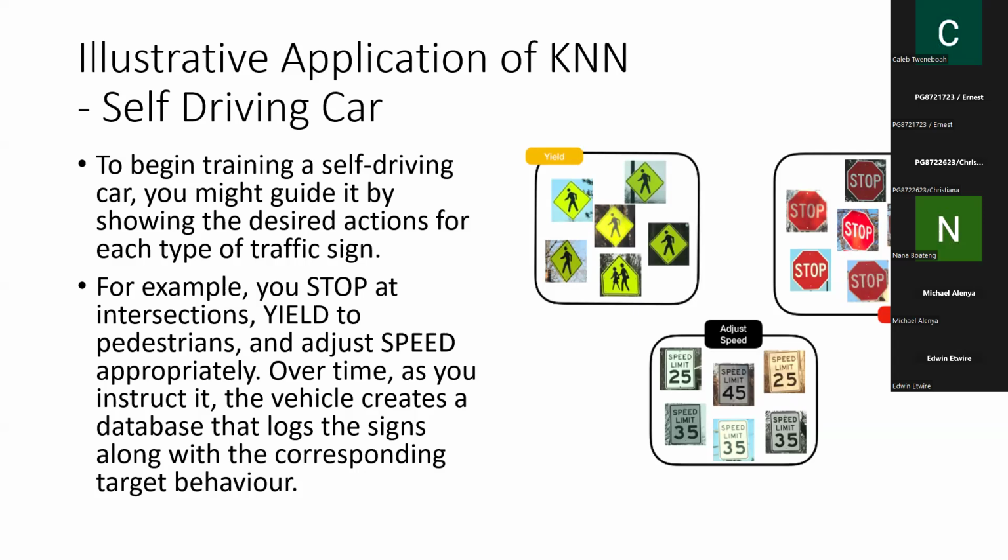Where does the car determine that it's not at a pedestrian crossing, so it needs to speed up? And then which speed limit should it even use? It's much more complicated than this, but the idea is the same.